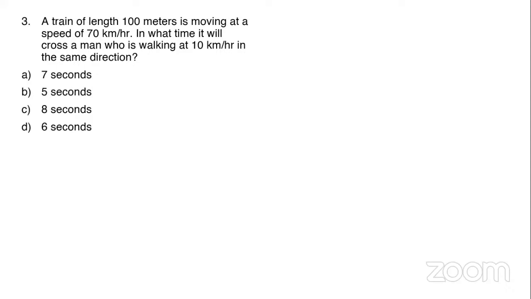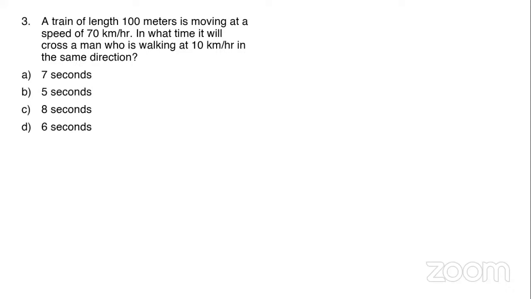Now, what is the relative speed? In the class, I have explained it with the example of two trains. Do you guys remember that? When two trains are crossing each other, or if you are sitting in a train and some other train is coming from the opposite direction on the next track, you will feel that that train is moving faster, right?